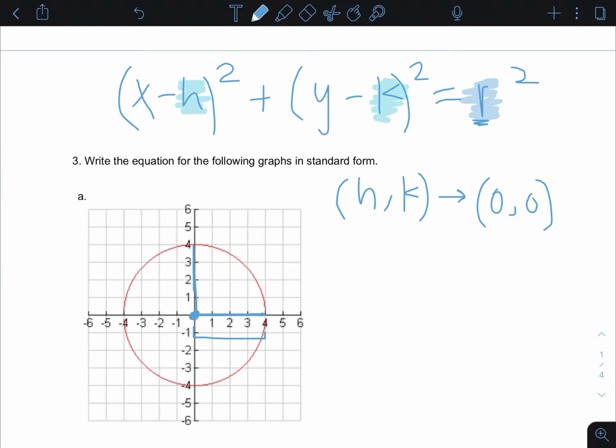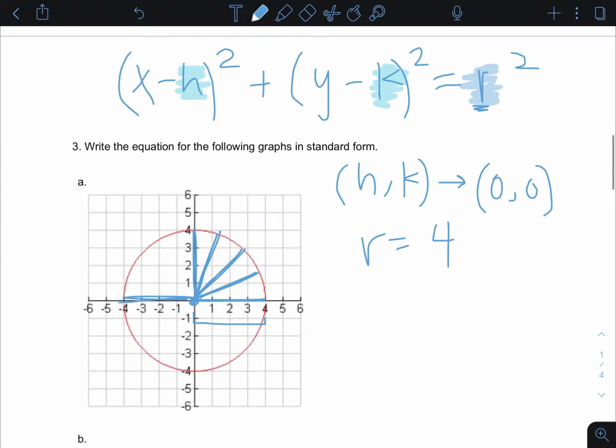And no matter where I draw that line, I can even draw a line here, draw a line there, by definition of a circle, that distance is going to be the same all the way through, which is going to be r equal to 4. So now I just take those two values, plug them in.